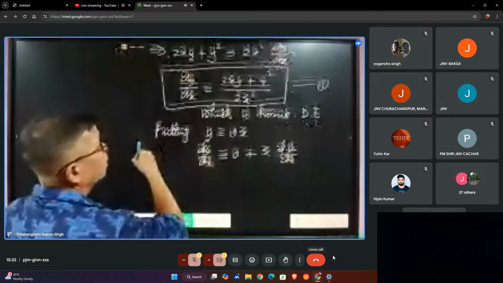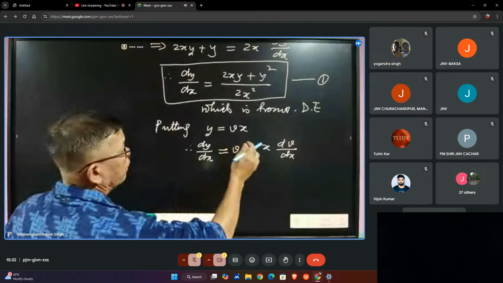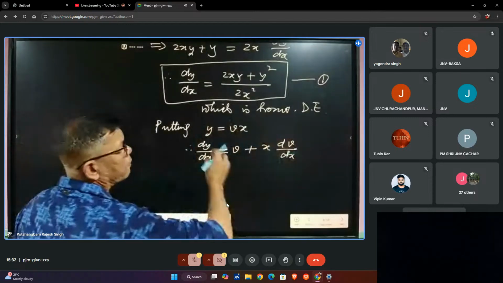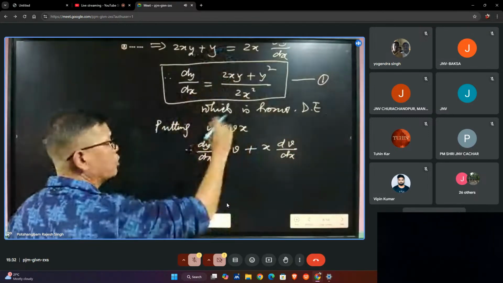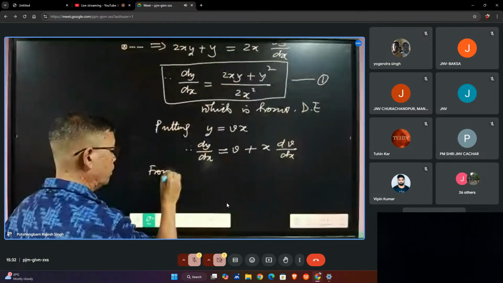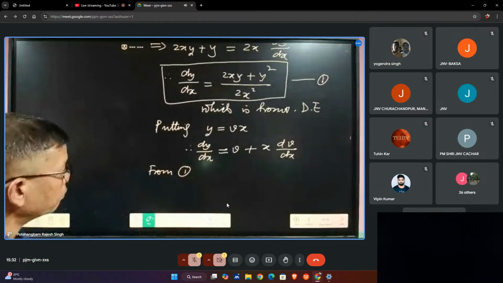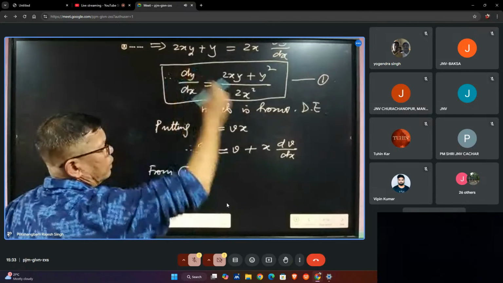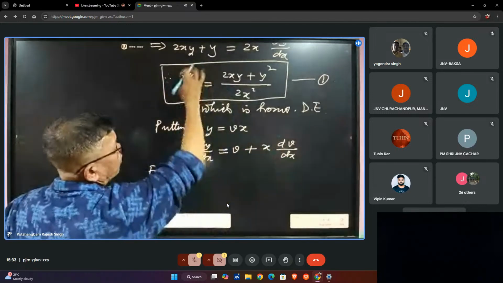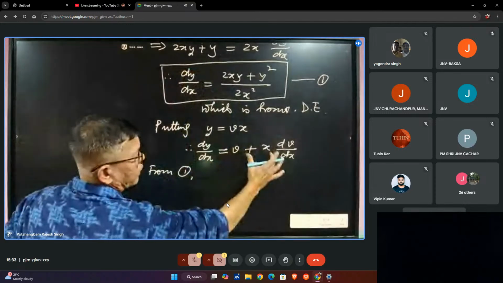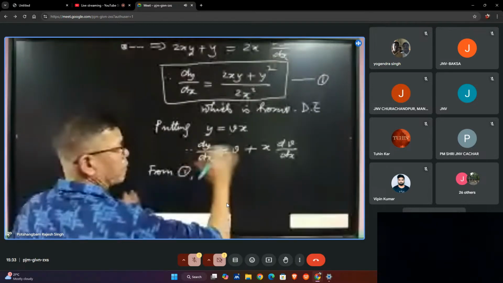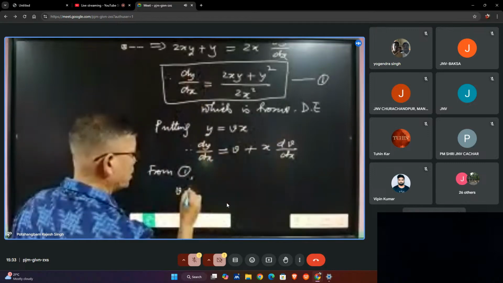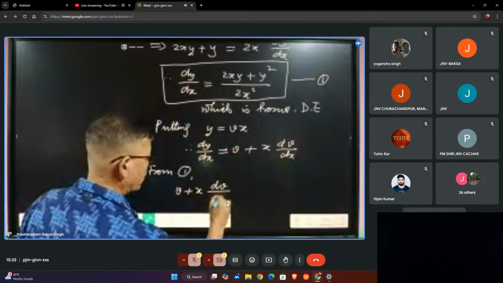And now these can be substituted into equation 1. Instead of dy by dx on the left hand side, you write v plus x dv by dx.